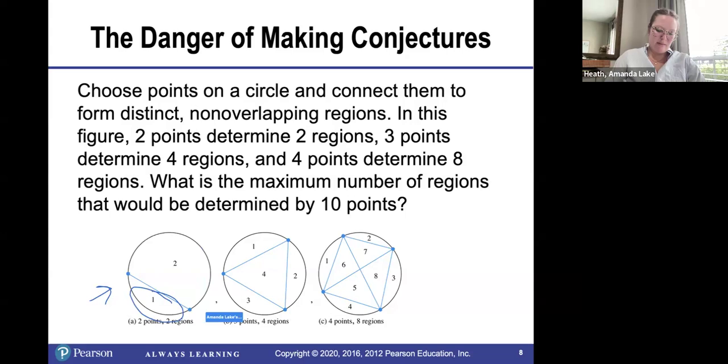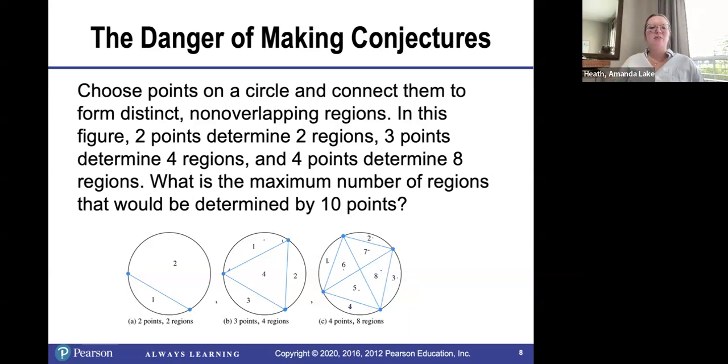So we have 2 points making 2 different regions. 3 points, when we put 3 different points on the circle, we're going to get 1, 2, 3, 4 regions of the circle. When we do the same thing with 4 points on the circle, we're going to have 1, 2, 3, 4, 5, 6, 7, 8 different regions that are not overlapping.